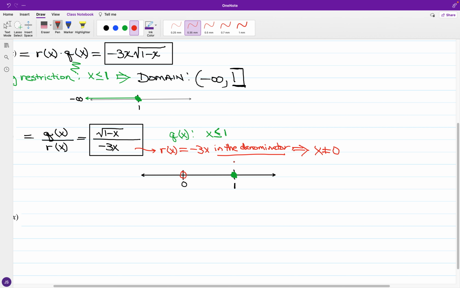So for this quotient function, we're going to have for the domain, satisfying what we have for q of x, as well as the fact that r of x is in the denominator. So we have at the lower end going from negative infinity, approaching but not including 0.